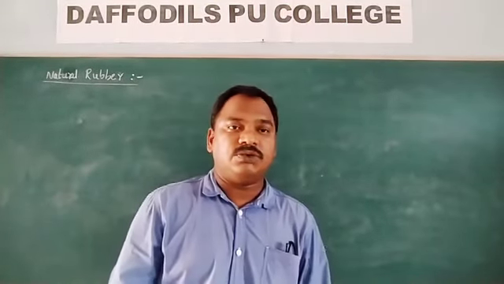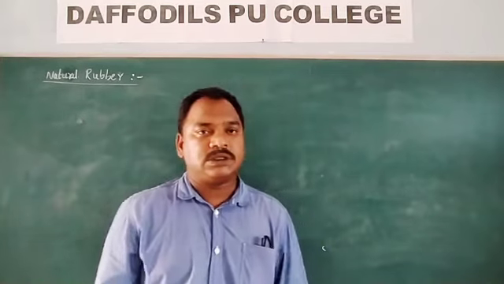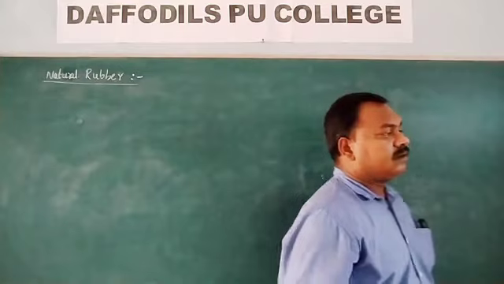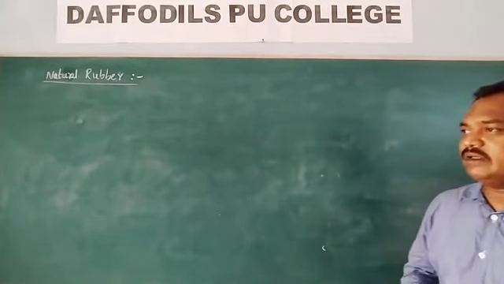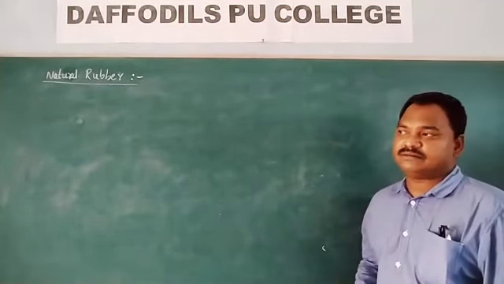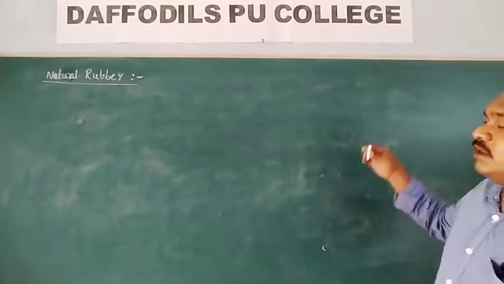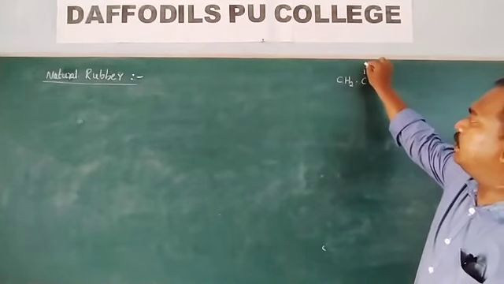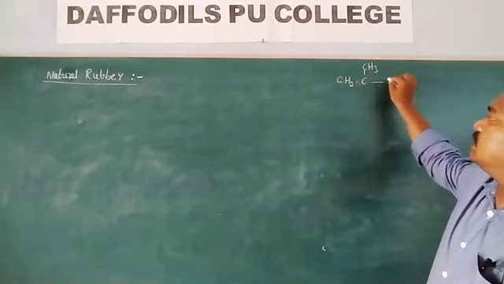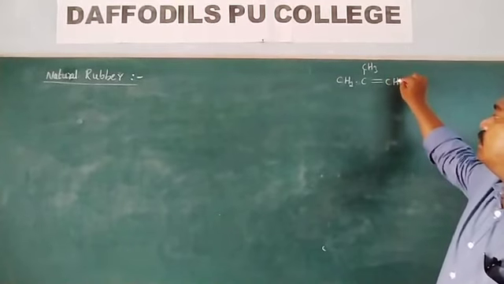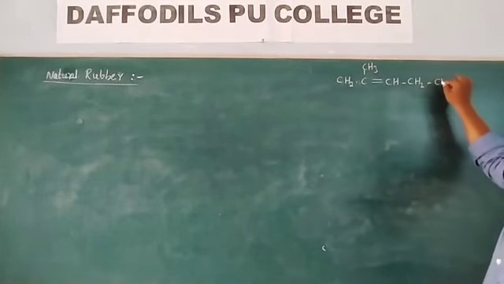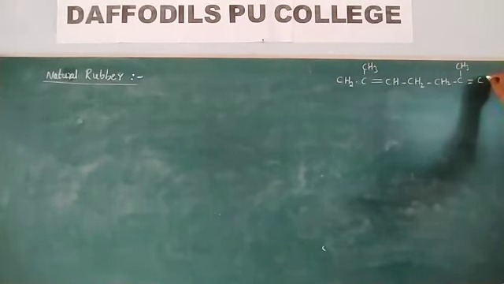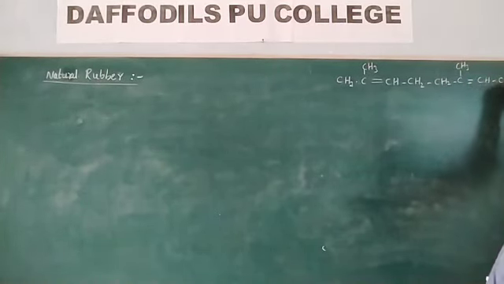What happens during the vulcanization process? During vulcanization, side links are formed between the allylic methylene groups. So in rubber we can see the polymeric chains like this. Here we can see the double bond. So this is rubber.